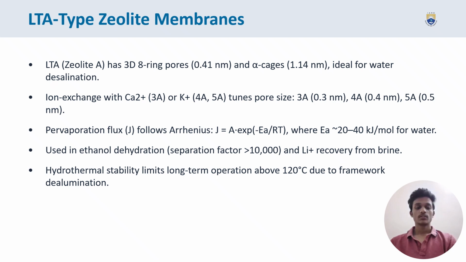Evaporation flux follows Arrhenius, J equal to J0 exp(-Ea/RT), where Ea equals 20 to 40 kilojoules per mole of water. These are used in ethanol dehydration and lithium recovery from brine. Hydrothermal stability limits long-term operation above 120 degrees Celsius due to framework dealumination.